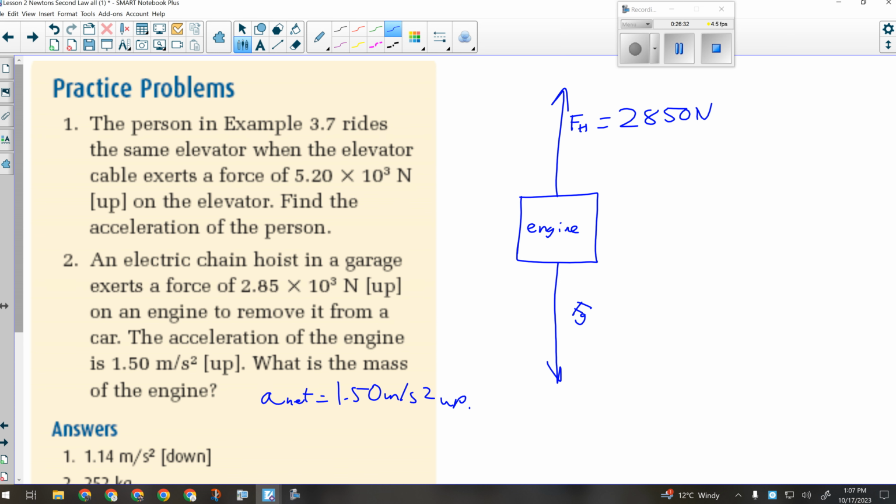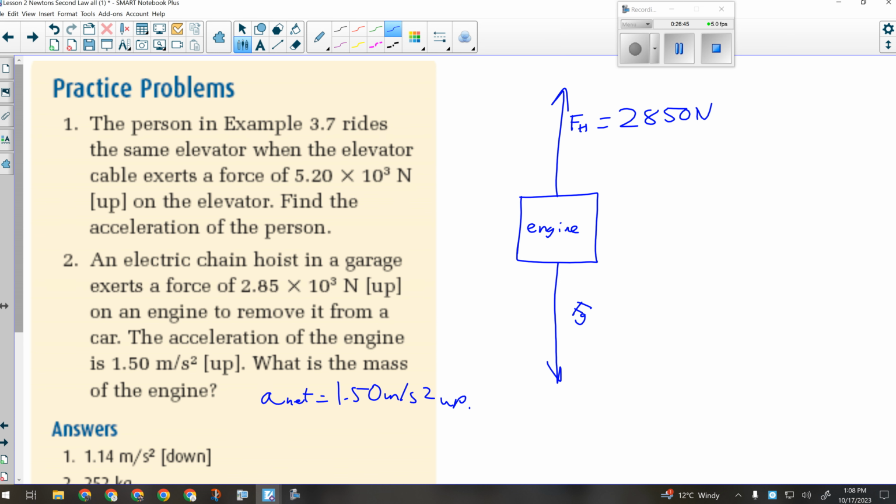Okay. So I know the upward force. I know gravity is pulling down. Can I just calculate gravity? Why can't I calculate gravity? I don't have mass. All right, that's a problem. This is m times g, and I don't have m.